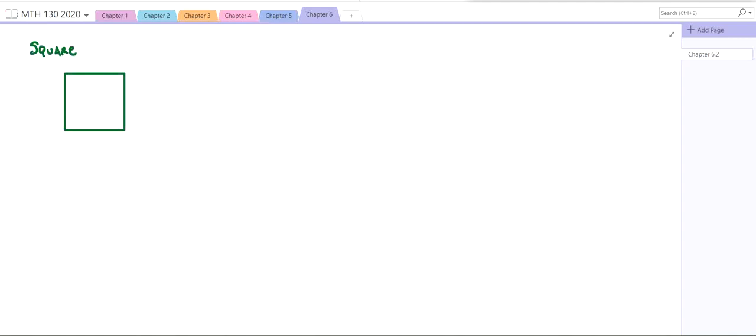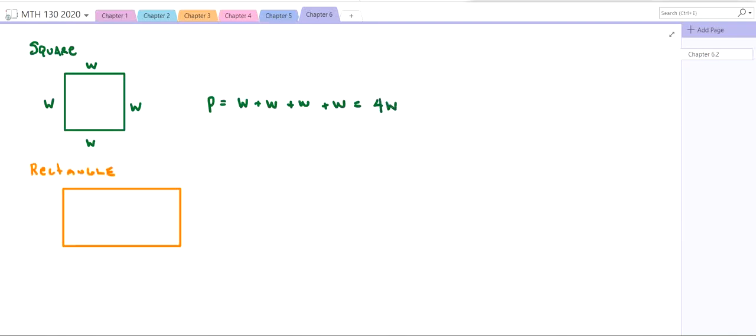For a square, again, all the sides in a square have equal length. We'll just call them length W. So our perimeter equals W plus W plus W plus W equals 4W. Similarly, a rectangle has 2 sides that are the same.